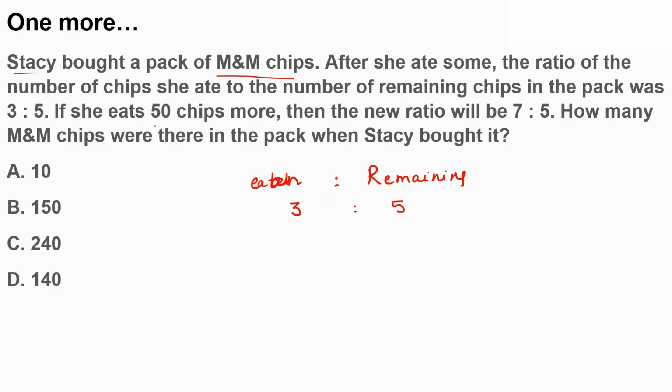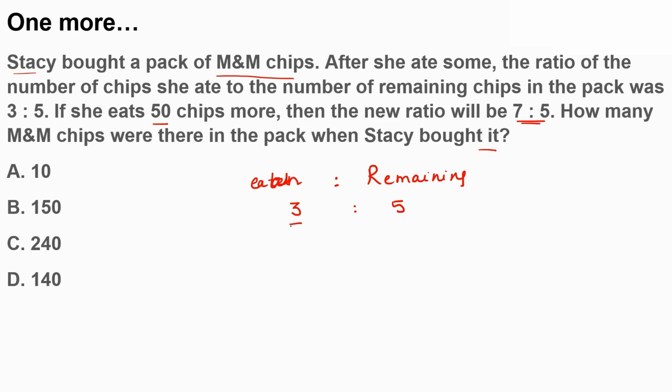If she eats 50 chips more, then my new ratio is equal to 7:5. How many M&M chips were there in the pack when Stacy bought it? They are asking for the total number.